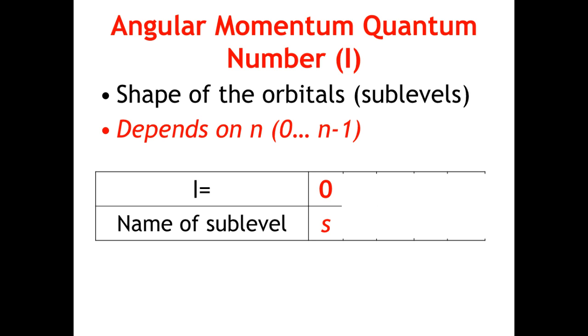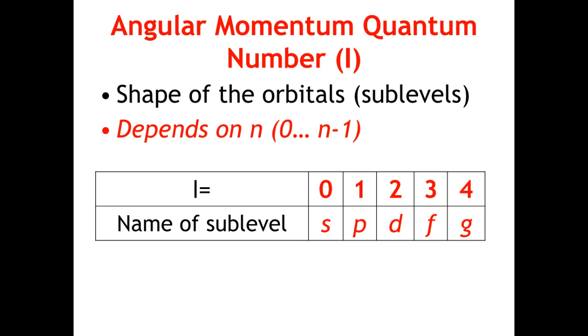So the first sublevel is s, and that is represented by l equals 0. Your next one would be the p sublevel, which is l equals 1. The next sublevel is d. l would be 2. The next sublevel is f. l would be 3. And then, of course, g. The l would be 4.